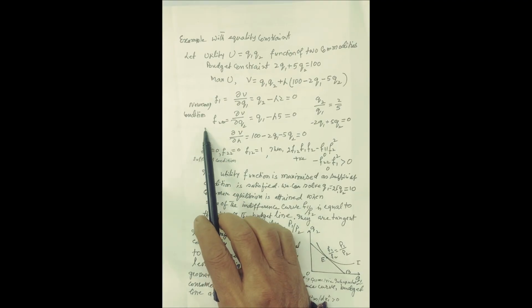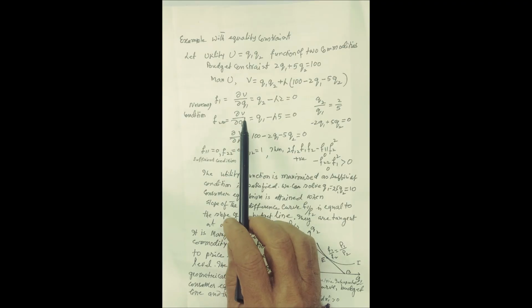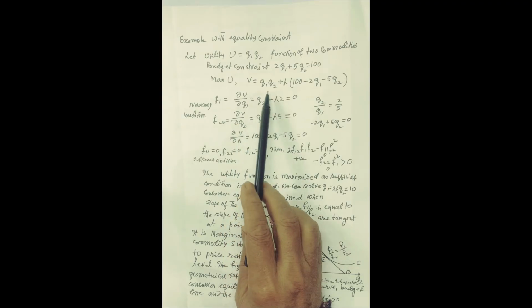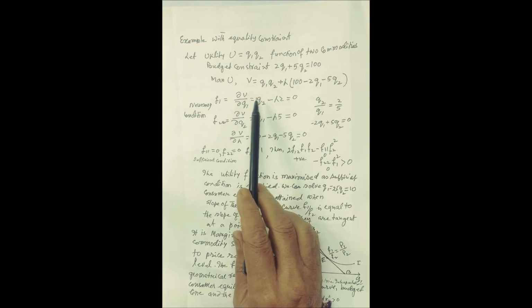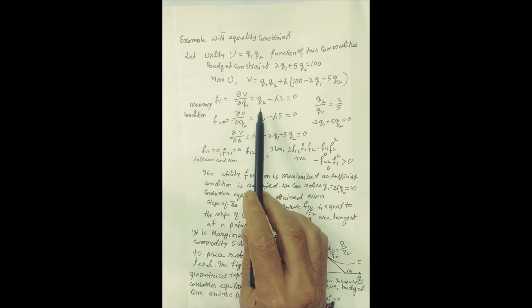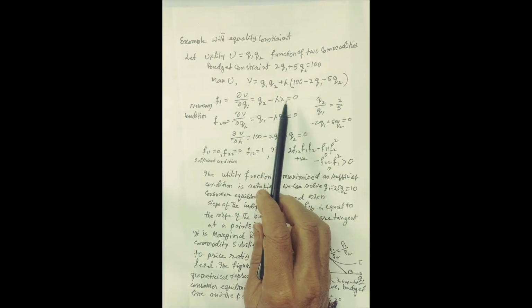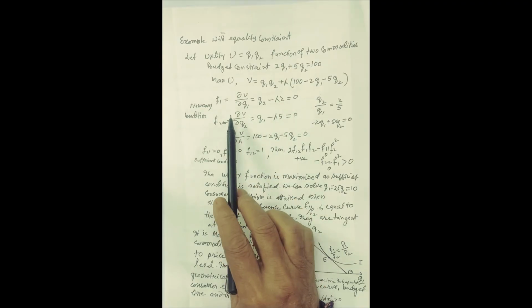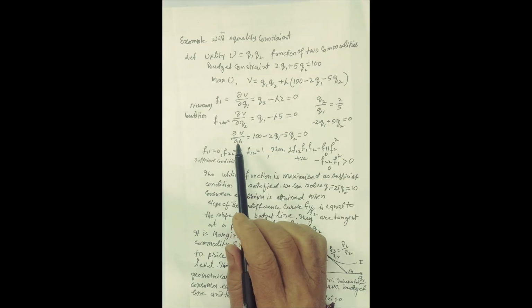Now what will be the necessary condition? F1 is equal to delta P by delta Q1 is equal to Q2, because it is multiplication, so the coefficient of Q1 is Q2, minus lambda 2, with respect to Q1. Let us put it to 0: first order condition or necessary condition, that the first derivative should be put to 0.